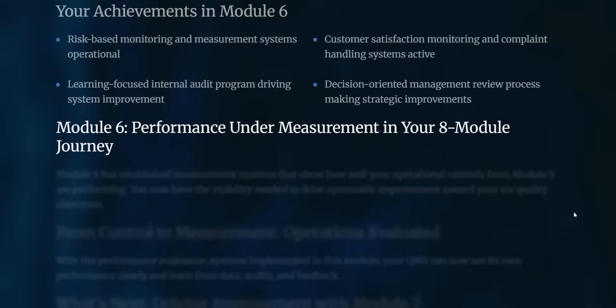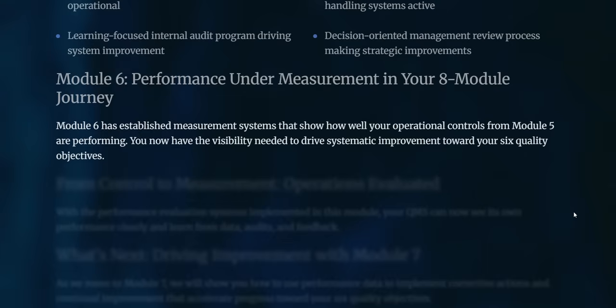Module 6, performance under measurement, in your 8 module journey, and we have 2 modules left. Module 6 has established a measurement system that shows how well our operational controls from Module 5 are performing.